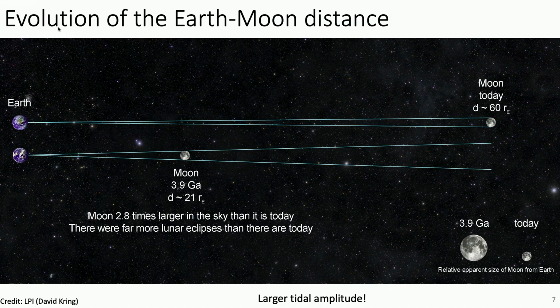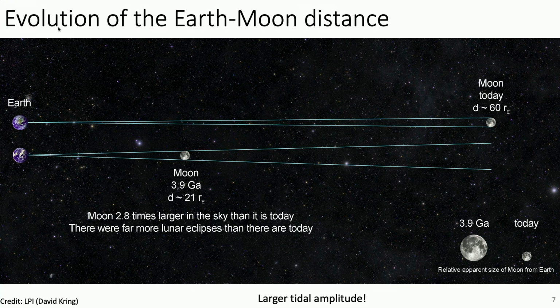One of the factors that has often been called upon for this is the existence of larger tidal amplitudes at the beginning of the Earth. So that really changed the early Earth environment.